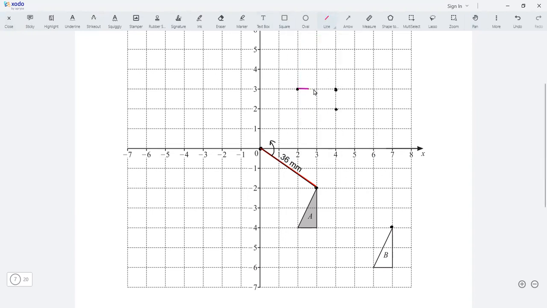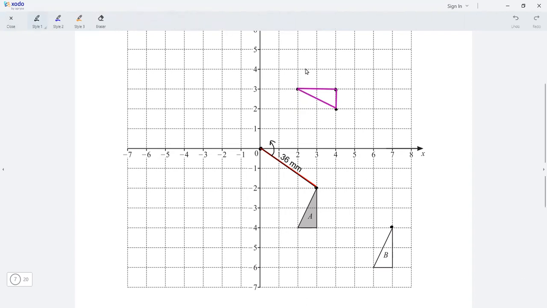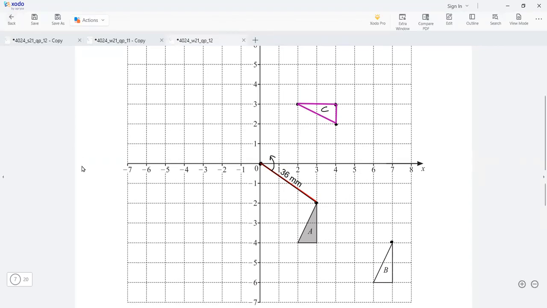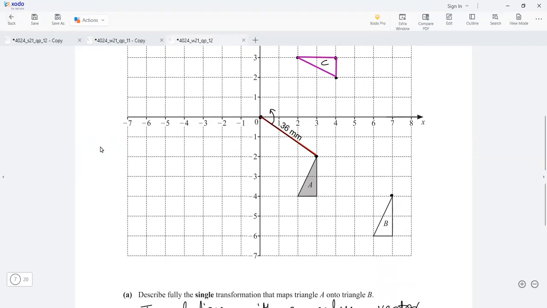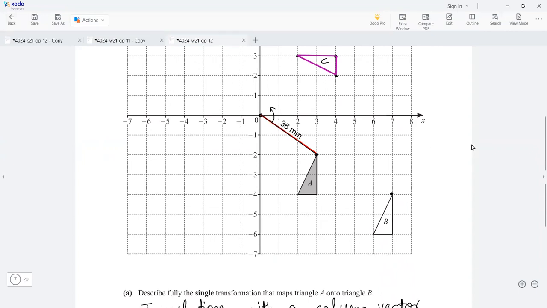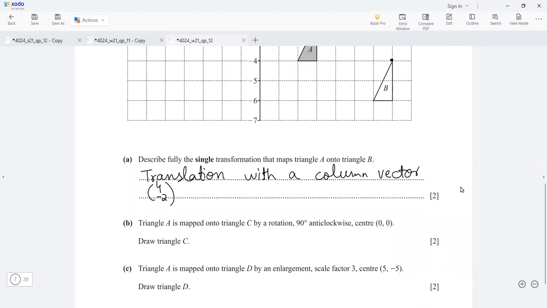So joining this with this, similarly this with this, and it will be a perfect triangle. After doing this, we have to mention it as triangle C, because they've already told us to mention it. You can check it's rotated anti-clockwise by 90 degrees, with the center of rotation at 0, comma 0.